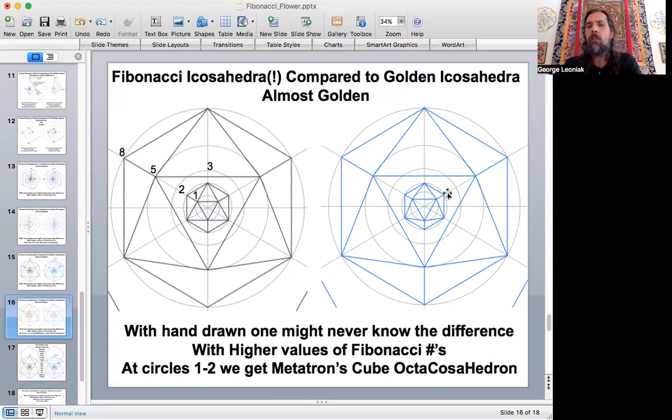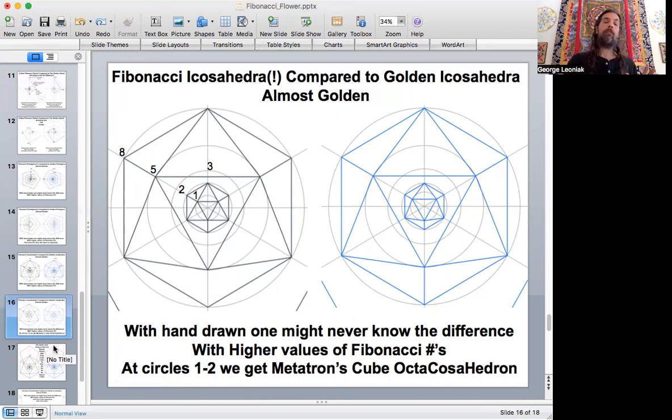Then you still always have the same angle. You won't ever revert at some point back to the equilateral triangle. So that's a bit of a big difference between the two, but it starts to move you in the direction of a golden ratio version of the icosahedron.